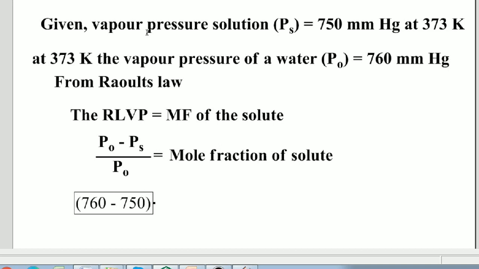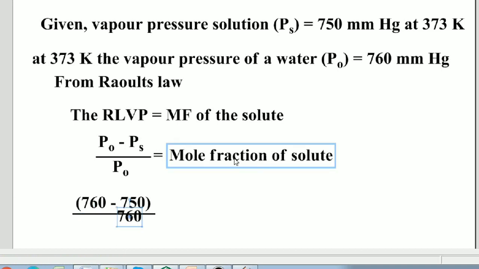So P naught minus Ps by P naught becomes 760 minus 750 by 760, and that equals the mole fraction of the solute.